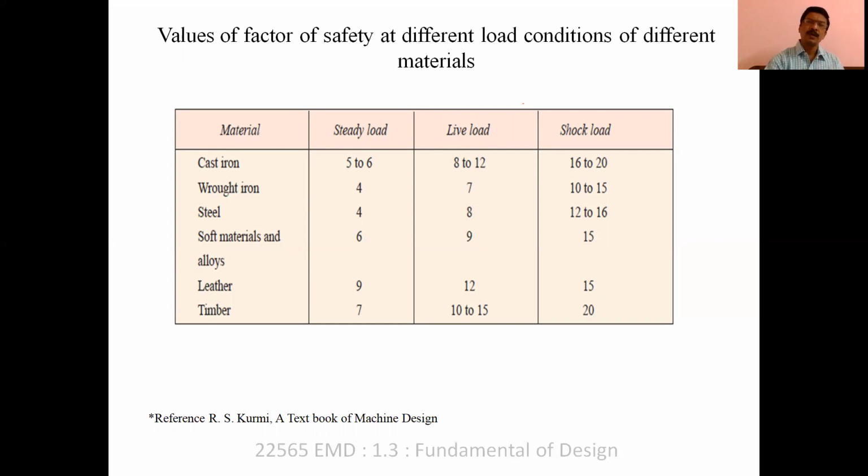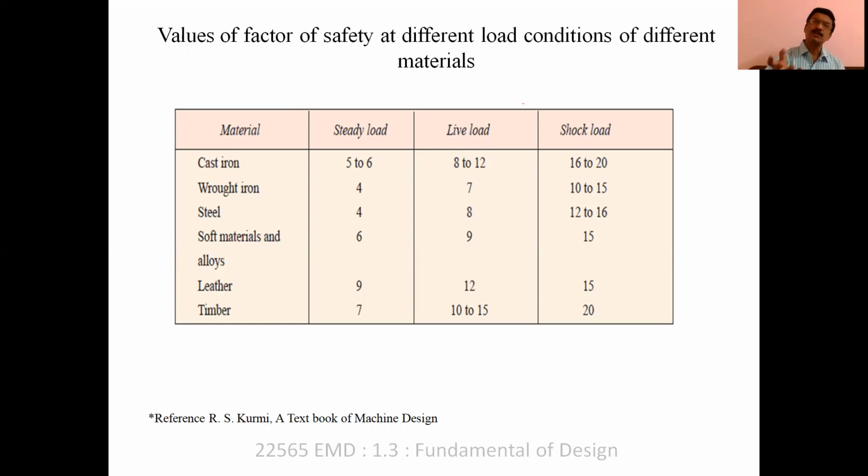If you take any material, the materials here are cast iron, wrought iron, steel, soft material, alloy, leather or timber, you'll find that in all these materials the factor of safety is going to vary. Obviously, if you compare steel with timber or leather, for any kind of load, the factor of safety is less than for timber.